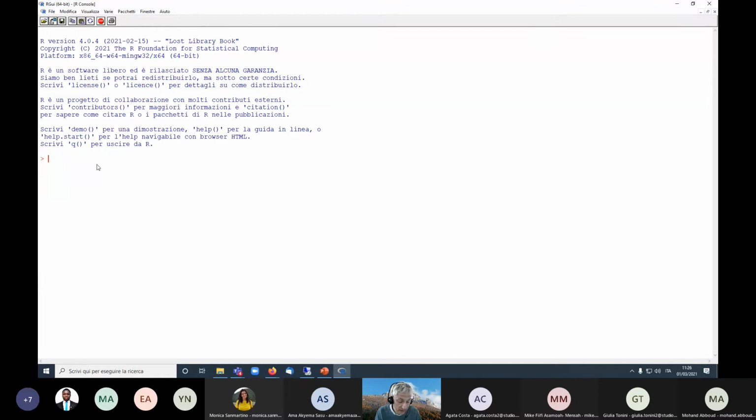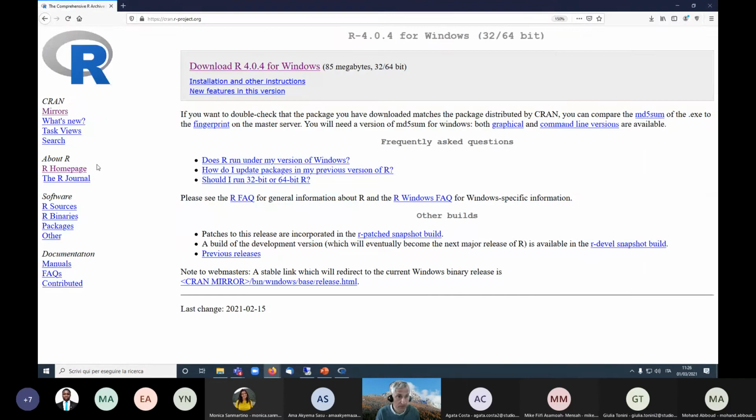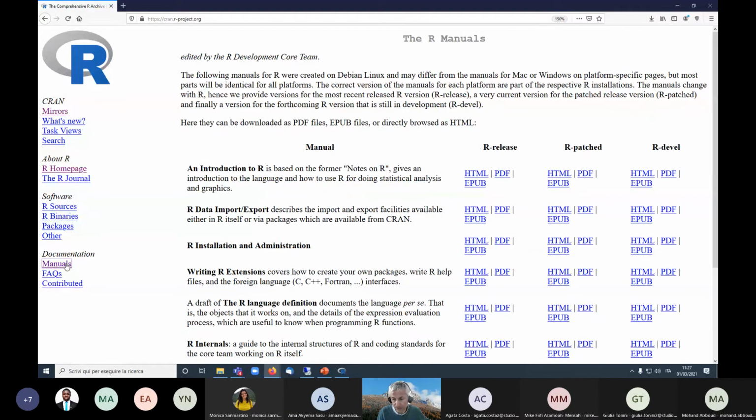along with training. Before I start the training, let me go back to the main page of R. Here we are. Now, let's look on the left, documentation, manuals. I click there.